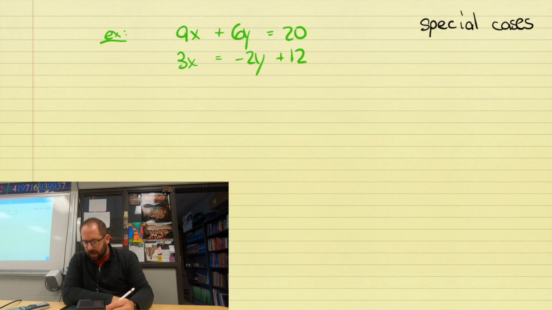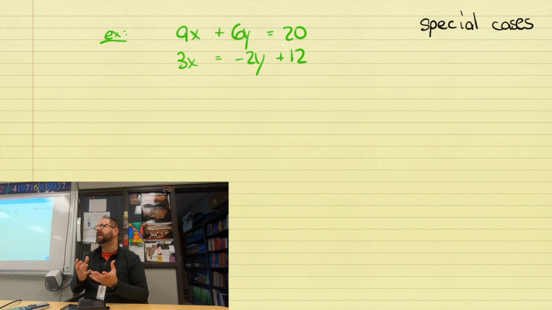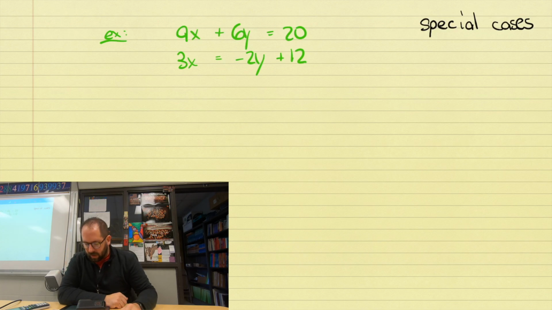Okay, so on this particular problem, I'm probably not going to do substitution here. The reason why, I don't have a letter by itself. If you look up at this problem, they don't just have an x by itself or a y by itself. They have some numbers everywhere. So I'll probably make this an elimination problem by rearranging this.